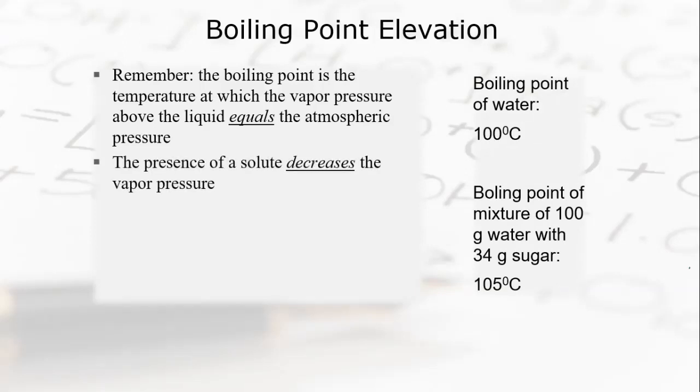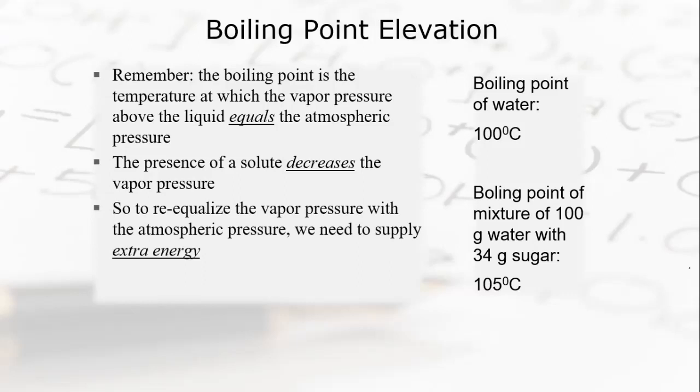Let's explain that. Remember, we already said in the previous section, when you have a solute, the vapor pressure decreases. Remember that in order to reach the boiling point, you have to essentially go up to the same as the atmospheric pressure. But in order to re-equalize the vapor pressure with the atmospheric pressure, we need to supply energy, right? You're starting from a deficit in vapor pressure already.